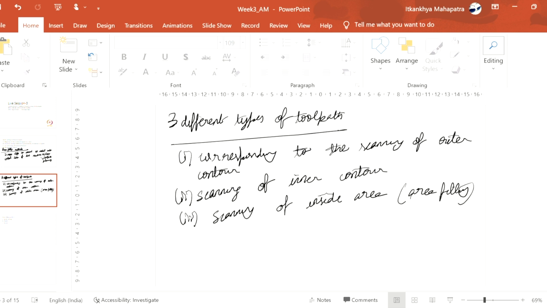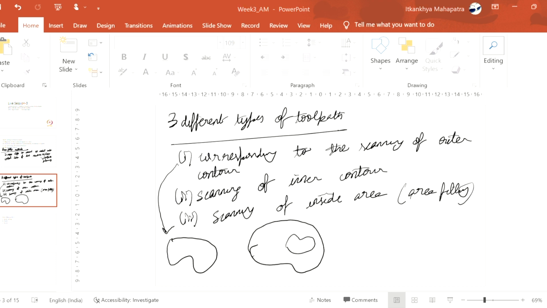Now diagrammatically, suppose we consider this as the outer boundary. Now in this outer boundary, suppose we have again one inner boundary.